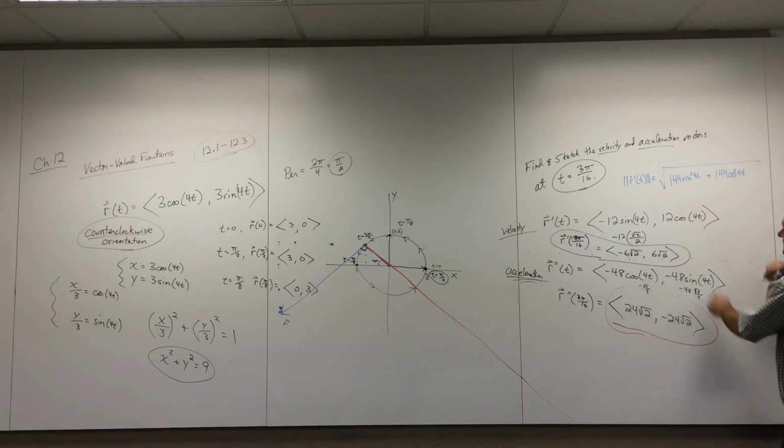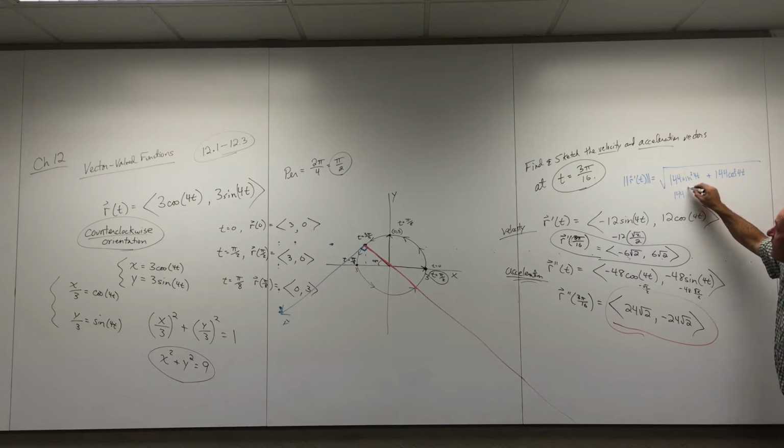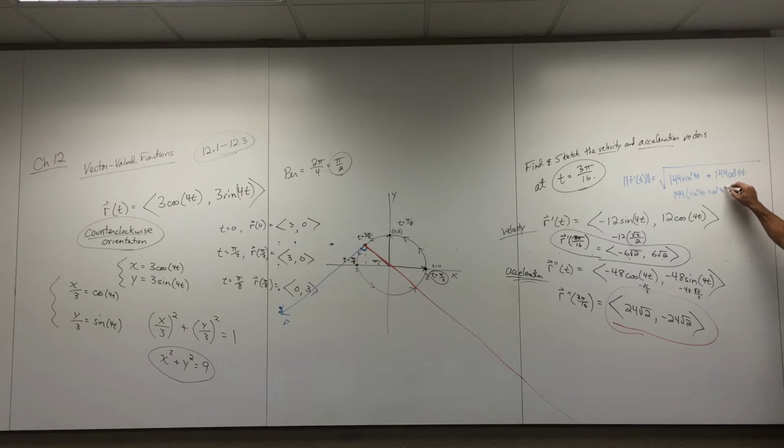Are you guys with me? Do you know what to do now? Identity. Yeah, factor out 144 and you're left with sine squared plus cosine squared, which is 1. So now it's the square root of 144, which is 12.